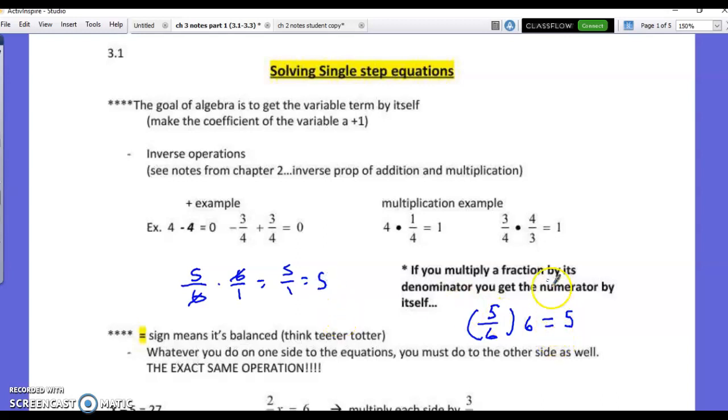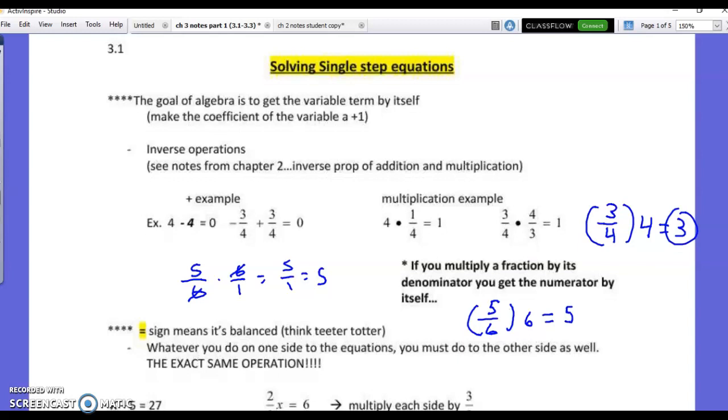All right, so keep that in mind. Sometimes what we are going to explain as single-step problems could be a multi-step problem, and you'll see this in an example. But again, if I multiply a fraction by the denominator, so for another example, if I have 3/4 and I multiply it by the denominator, which in this case will be 4, it's just going to equal the numerator as a whole number.